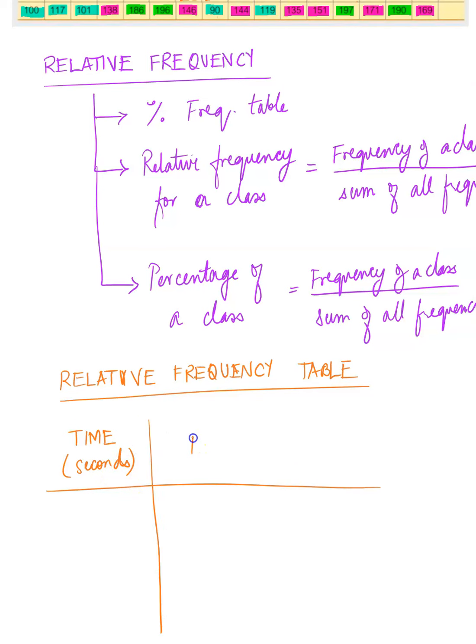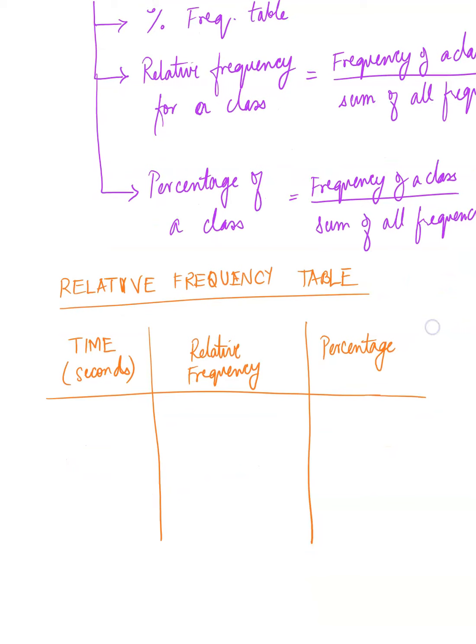And instead of frequency, I'll call it relative frequency. I'm going to create one more column for the percentage. This tells you, in relation to the total, what it was for each class.